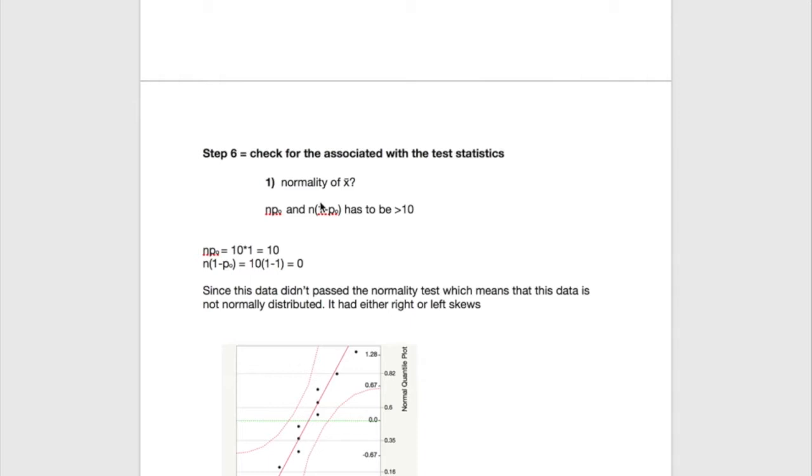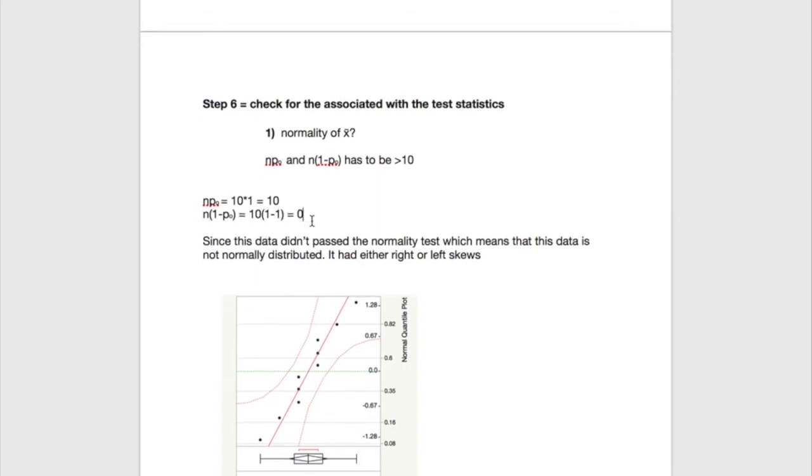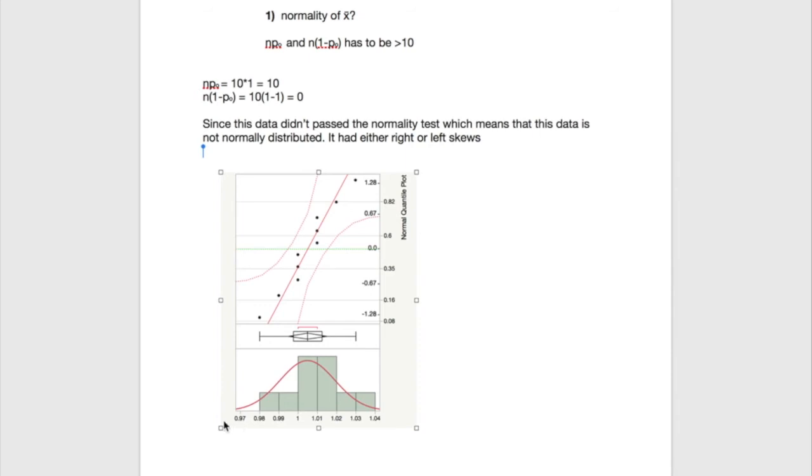It has either a left skewed or right skewed distribution. Here n times 1, that's 10 times 1, the hypothesized mean, gives 10. And n times 1 minus p sub 0 is 10 times (1 minus 1), which gives us 0, which fails the normality test.